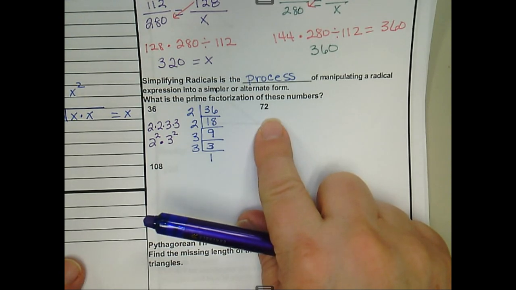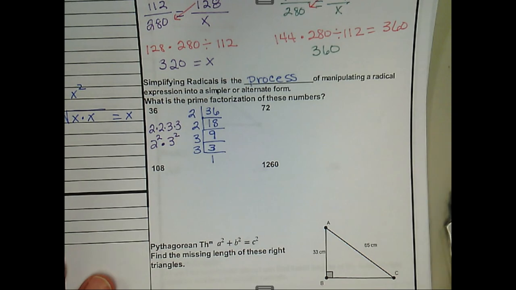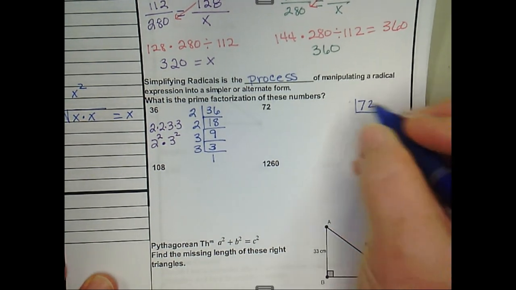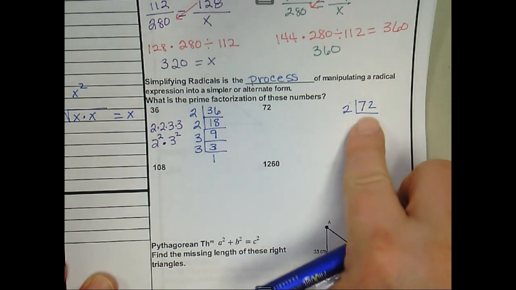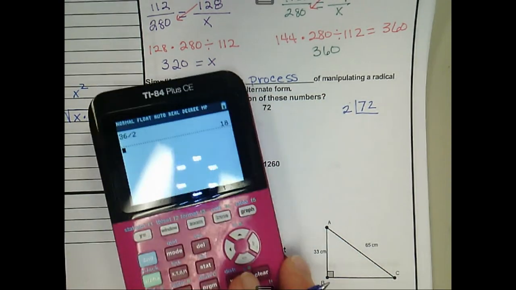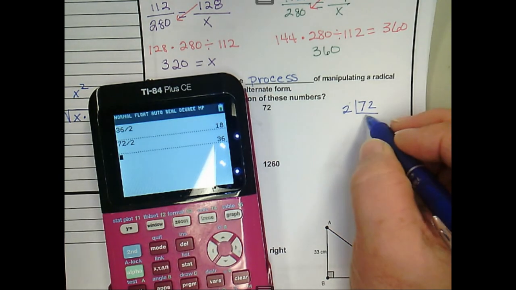Okay, we're looking at 72. Is it even? Can I divide it by 2? Yes. I know it's even because it ends in an even number. 72 divided by 2 is 36.